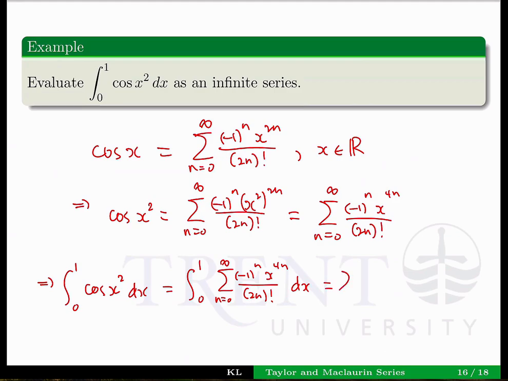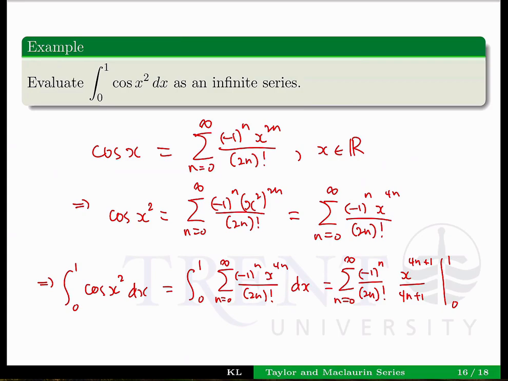Evaluating, we still have the sum from 0 to plus infinity, still have this negative 1 to the n over 2n factorial. If we integrate x to the 4n, that becomes x to the 4n plus 1 divided by 4n plus 1. And we evaluate this from 0 to 1.